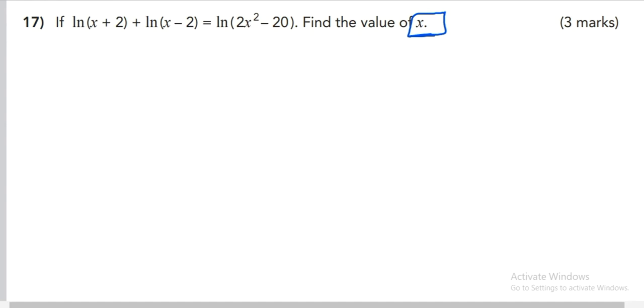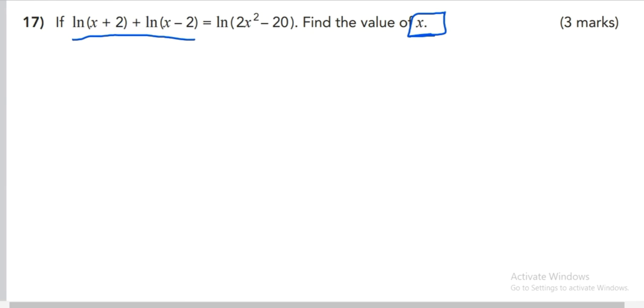Here we have a logarithmic equation, or an equation with ln, and we have to simplify to solve and get the value of the letter x. We'll use rules of logarithm to simplify both sides to get an equation in the letter x, and we have to solve to find the value of this letter.